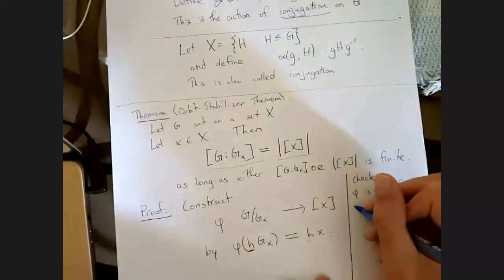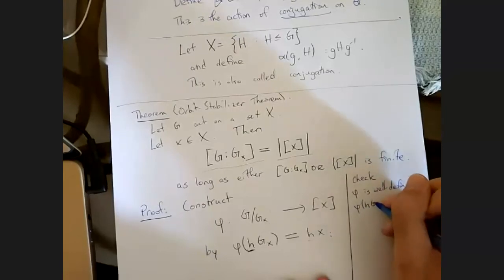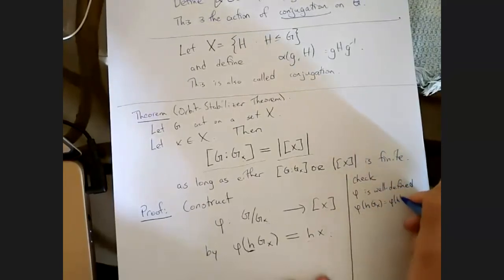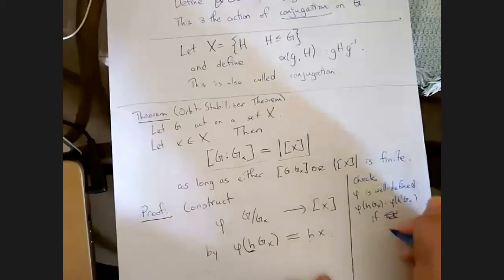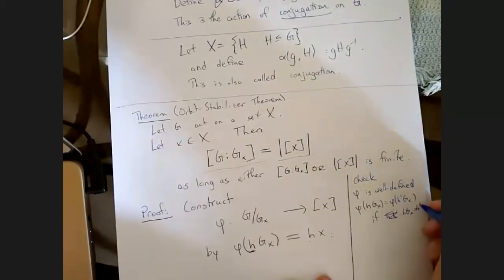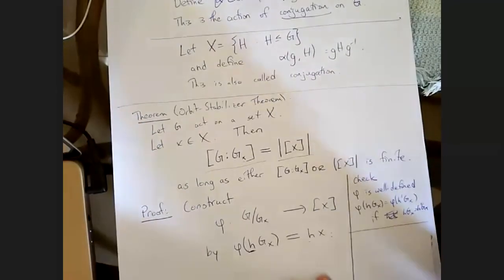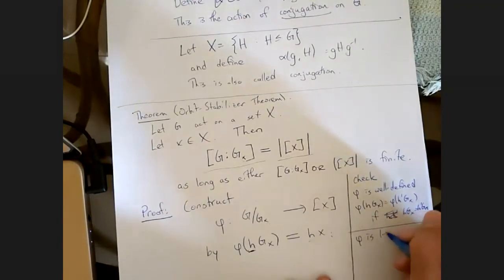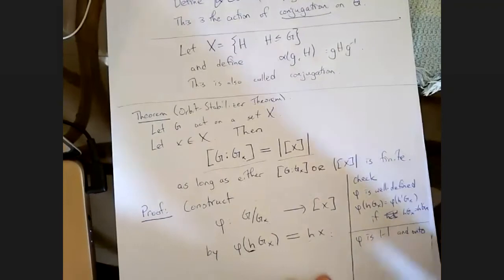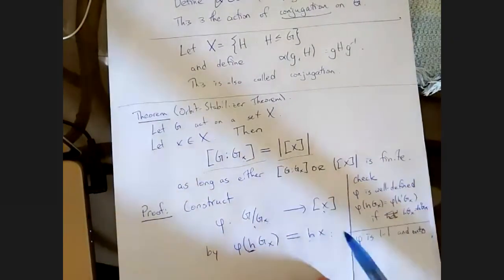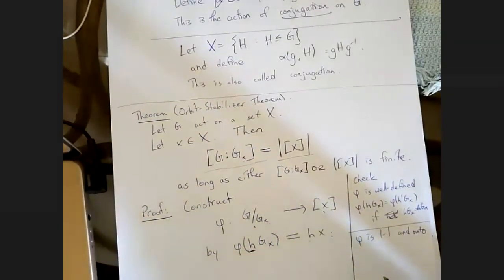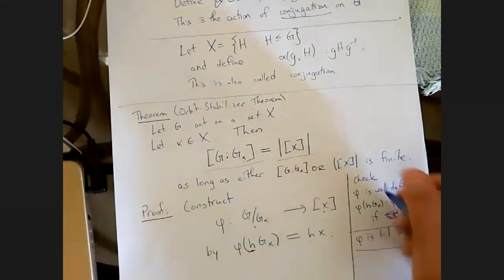So I need to check that phi of gG_x equals phi of g' G_x if gG_x equals g'G_x. Then I need to check that phi is one-to-one and onto. Once I do that, I have a bijection between these two sets. So if either one is finite, they both have the same number of elements.